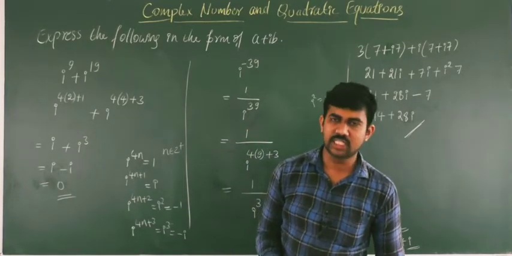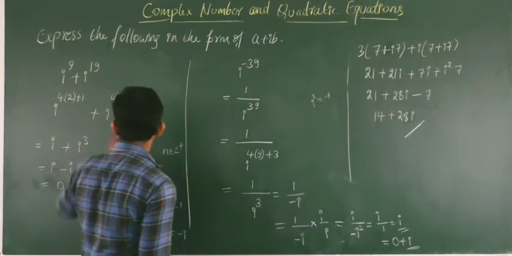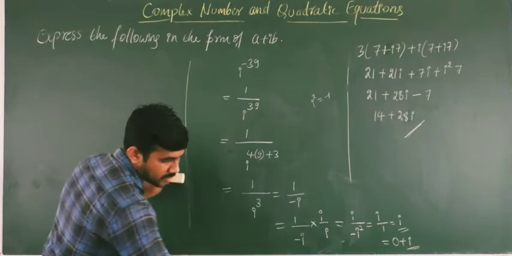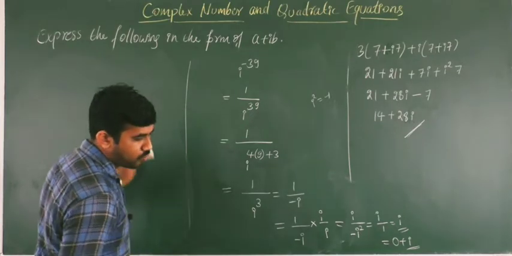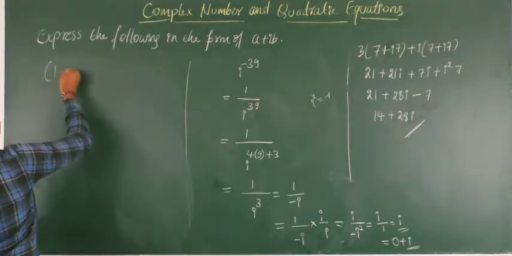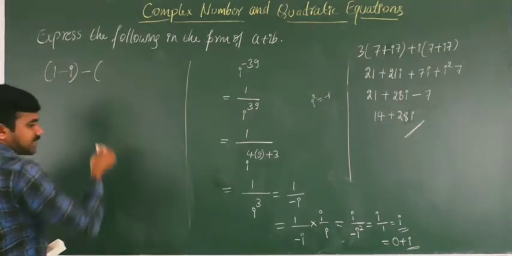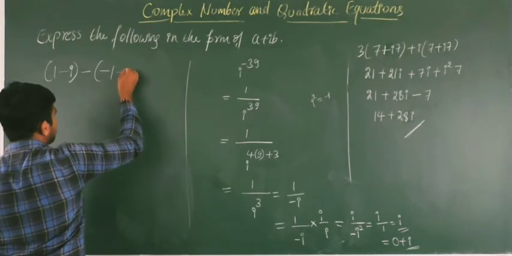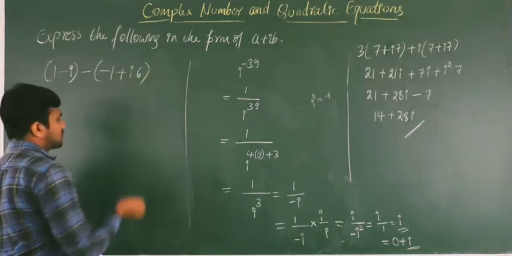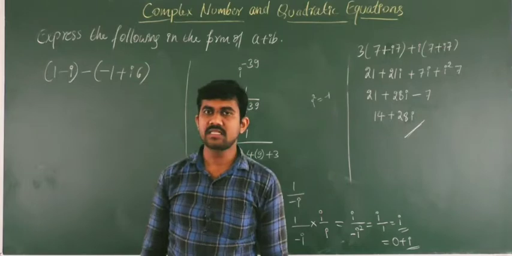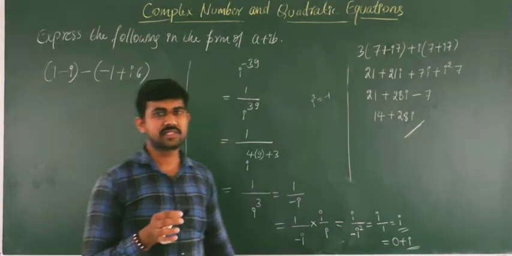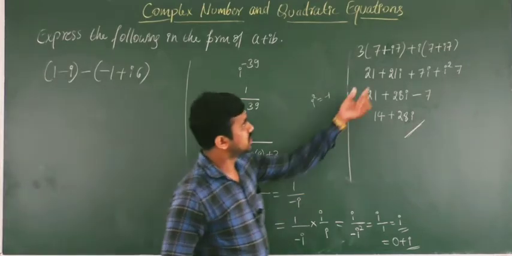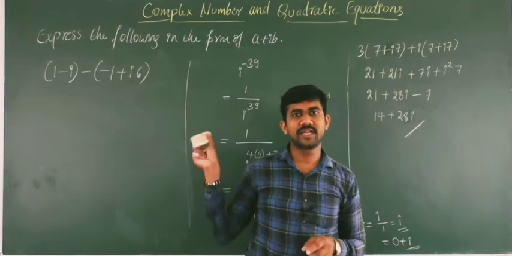See, the next question is what? (1 minus i) minus (minus 1 plus i into 6). To solve this question, the same process from the previous question can be applied here also.